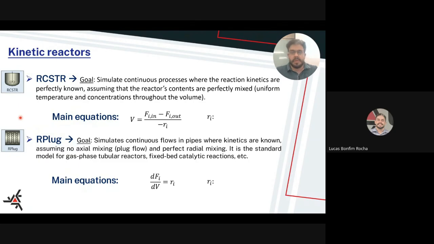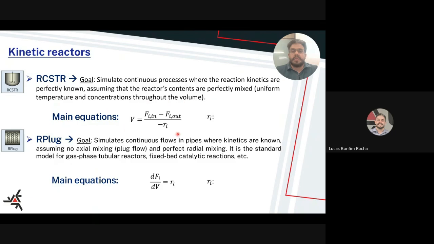As students of chemical engineering or chemical engineers, you know that we can use a model considering lumped parameters, for example a CSTR, a continuous stirred tank reactor, which simulates continuous processes where the reaction kinetics are perfectly known, assuming that the reactor contents are perfectly mixed. That means we have uniform temperature and concentrations throughout the volume.